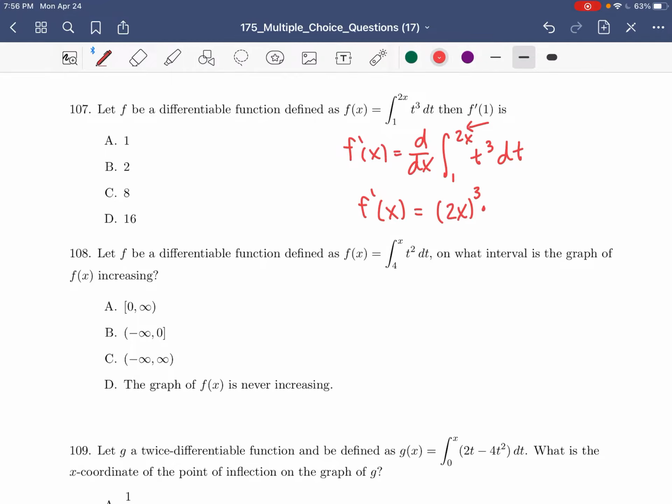But since this is not just x, we have to multiply by the derivative of this function, which is 2. Then I'm looking for f prime of 1, so I'm going to replace the x with the 1. So 2 times 1 to the third power times 2, which is 8 times 2. Your answer should be 16.